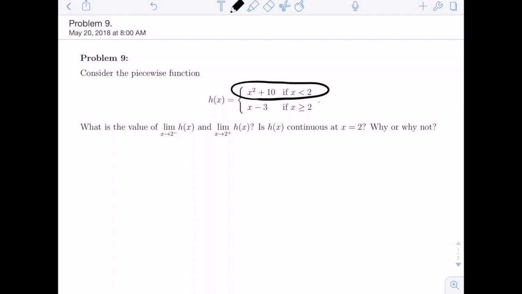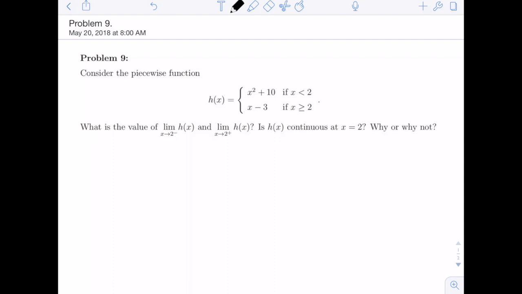Similarly, when we're approaching 2 with the plus sign, that means approaching 2 from the right-hand side, and the function corresponding to the right of 2 is x minus 3.